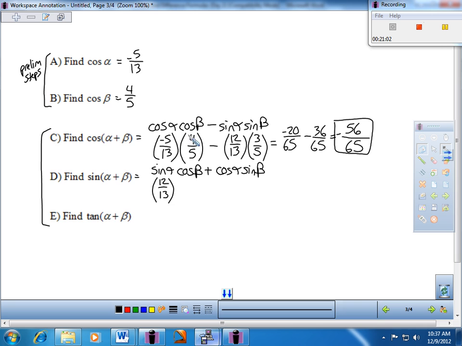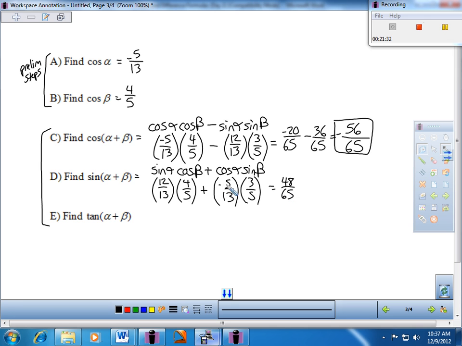Okay, cosine beta, right here, everybody, 4/5. Here's my plus. Cosine of alpha, negative 5/13. Sine beta, there it is, 3/5. Again, I'm going to just have to work horizontally here. Do what you're going to do on your paper, of course. And multiply across. 12 times 4, everybody, is 48 over 65.